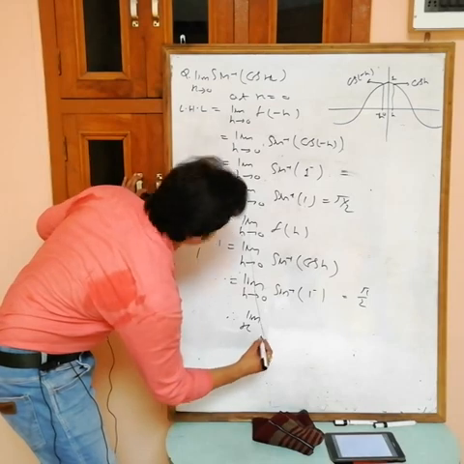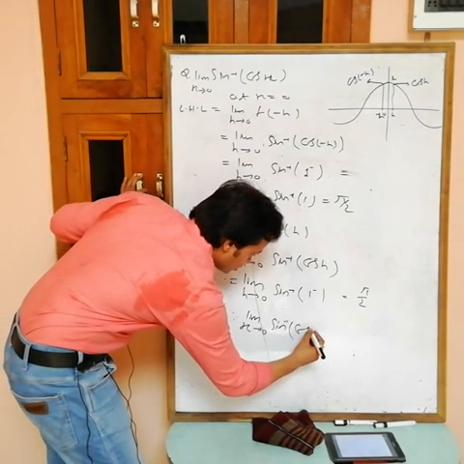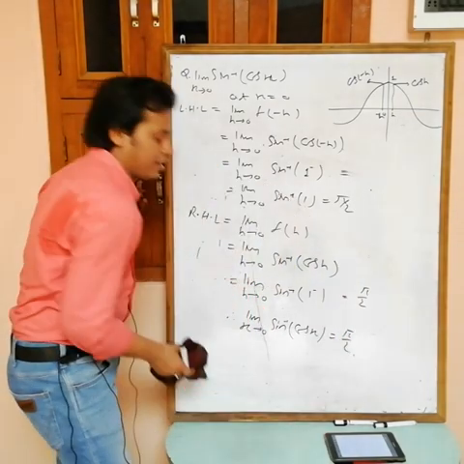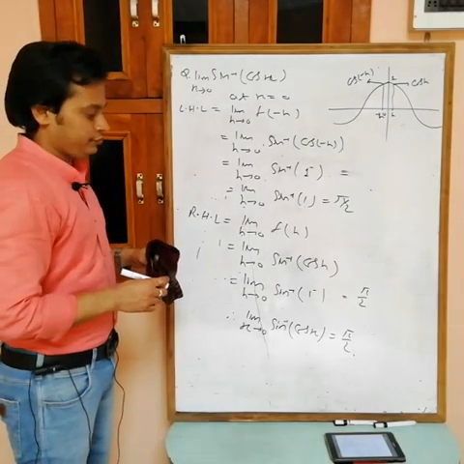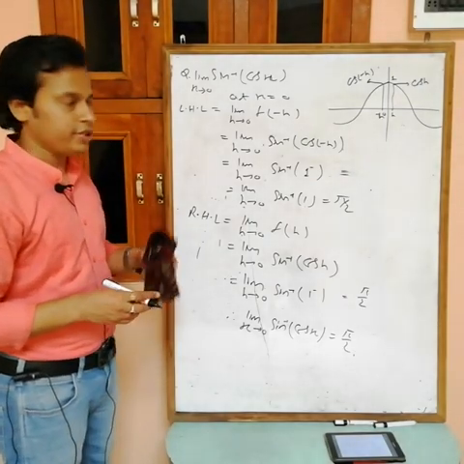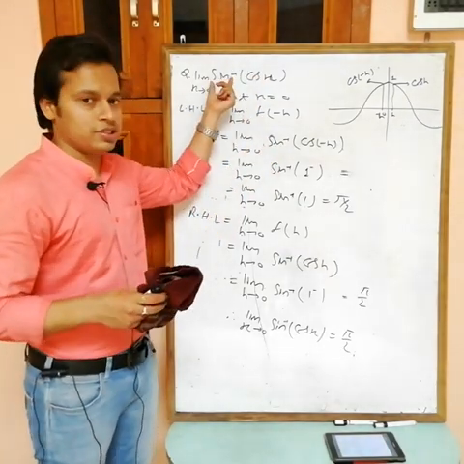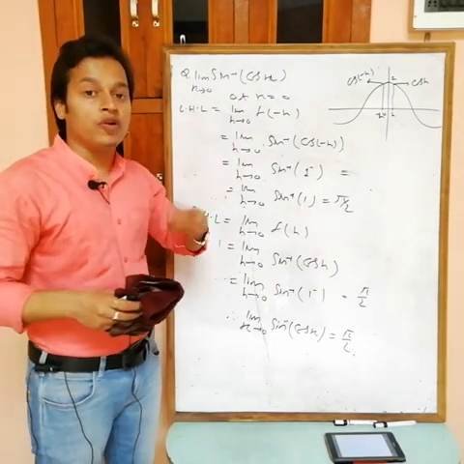Limit x tending to 0 of sine inverse of cos x is equal to pi by 2. Write it down. In the previous question, the outside function is the same sine inverse, but there we had sec, and the values are 1 plus.